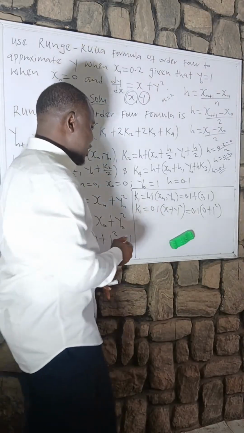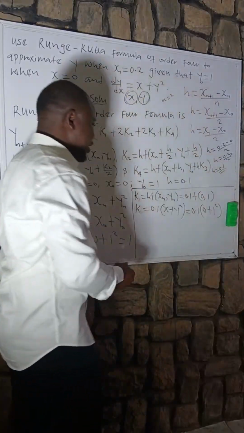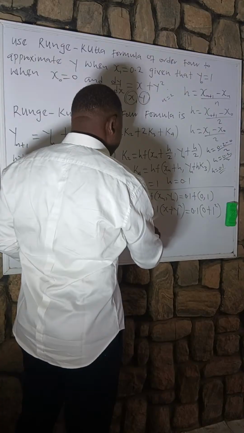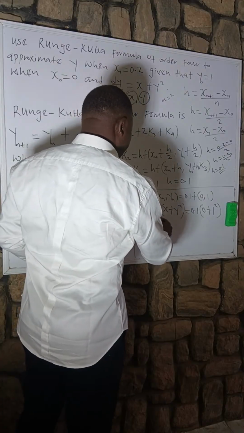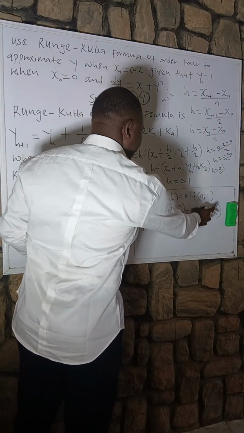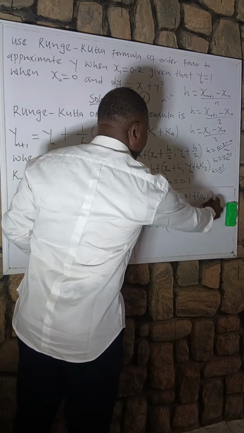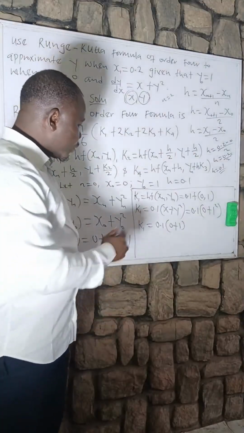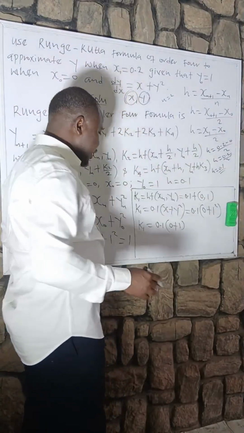So as you can see now, our k1 is now equal to 0.1 open bracket 0 plus 1 squared, which is the same as 1. True or false? I'm just teaching you how to break this down, then you will understand it better.